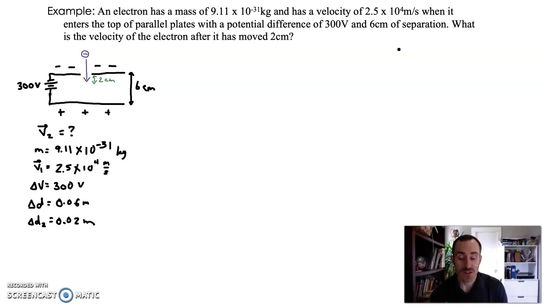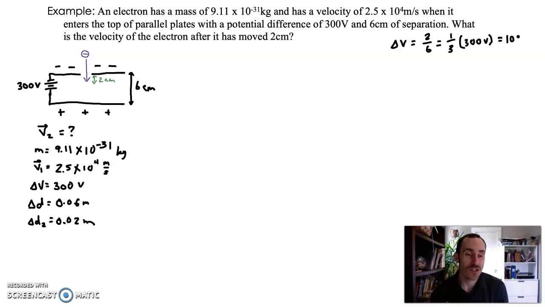Okay, so the potential difference we're actually going to use, change in V, is 2 centimeters out of 6 centimeters, which is 1/3 of the total. And we're going to take this 1/3 and multiply it by the 300 volts. This algebra sentence is terrible, so don't follow my example here. That equals 100 volts.